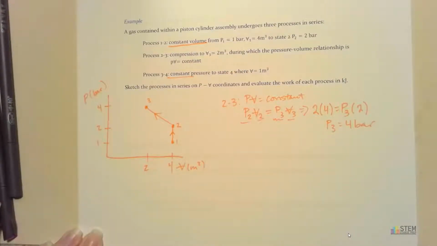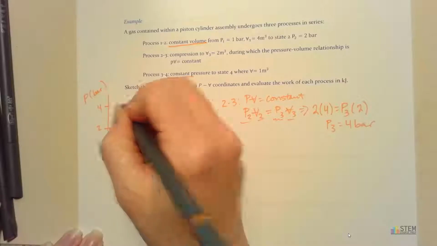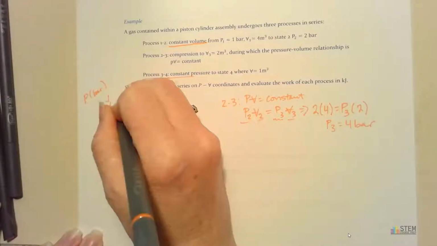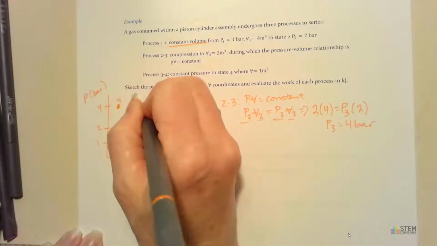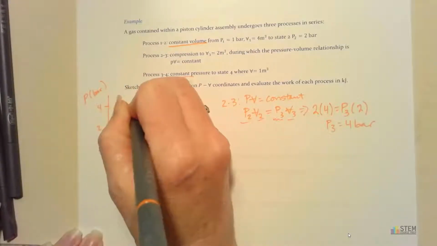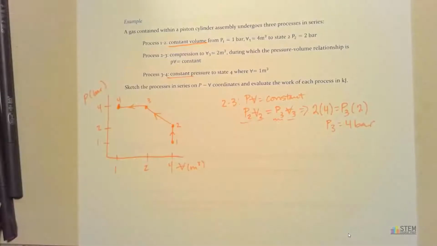Means pressure doesn't change. And the volume is going to go to 1. So let's put 1 here on volume. This stays right here. So we just need to draw the dot for state 4 to the left of state 3. And then we're just going to draw a line connecting those and draw the arrow, showing that you're going from 3 to 4.